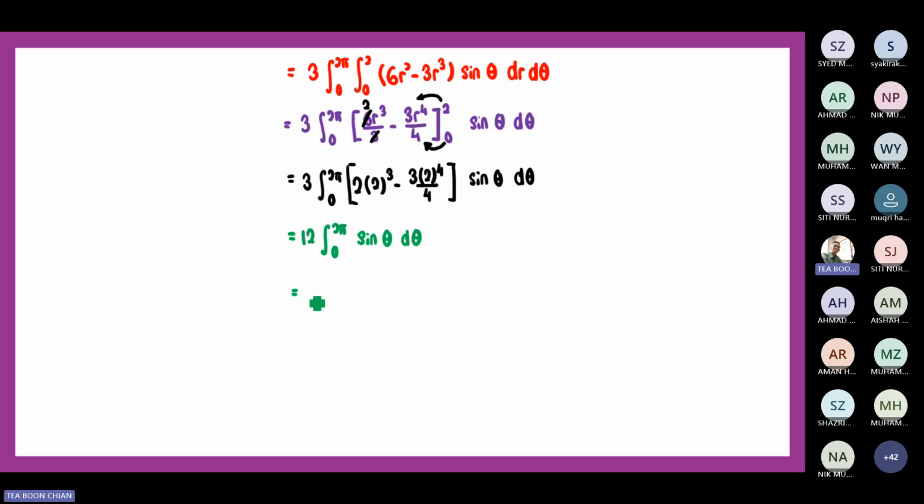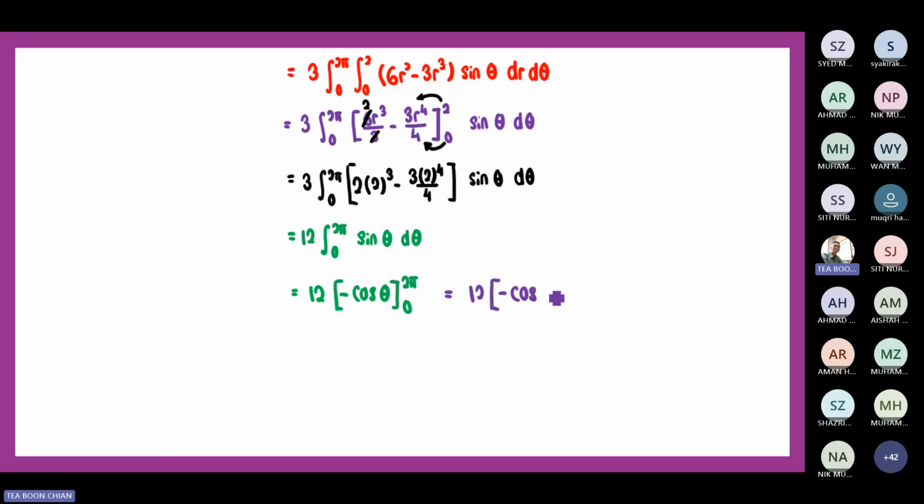So finally, integrate sine with respect to theta gives us negative cos theta. So this negative cos theta is integrated using substitution upper limit 2 pi and lower limit 0. Okay, for trigonometry, let me substitute one by one in case there are certain computations involved.